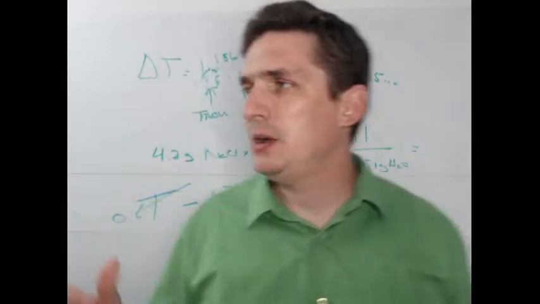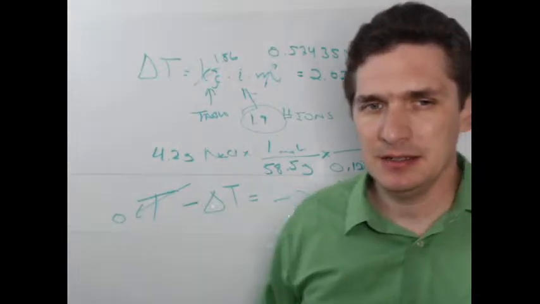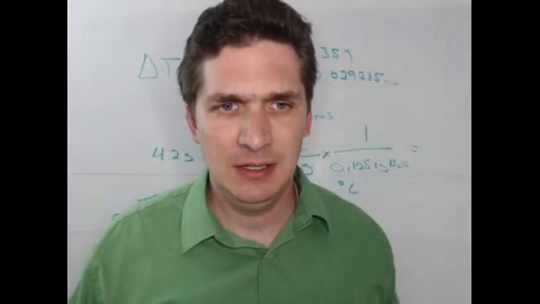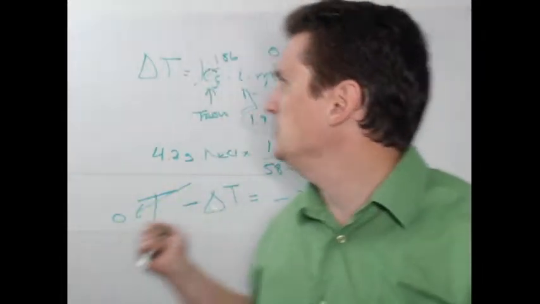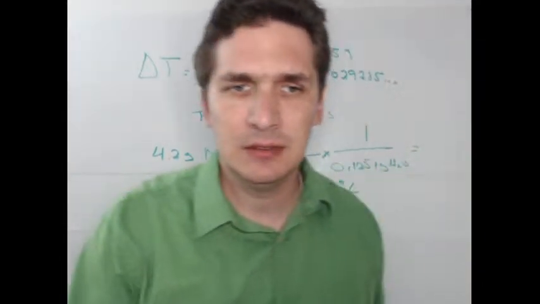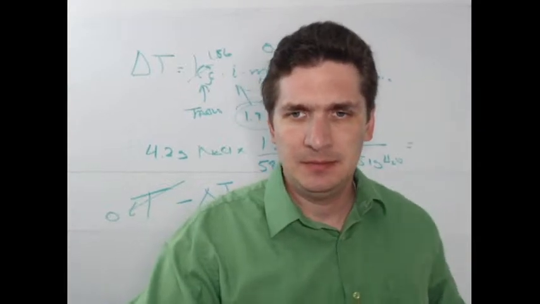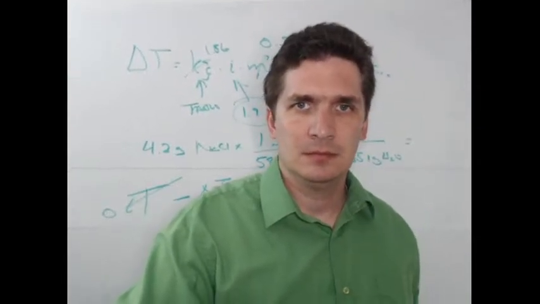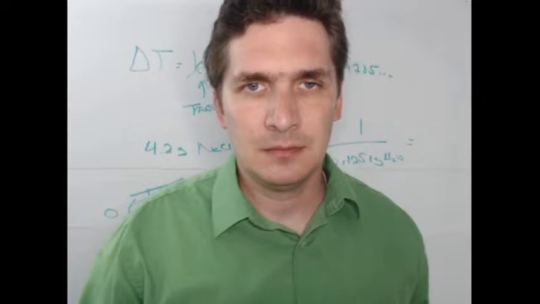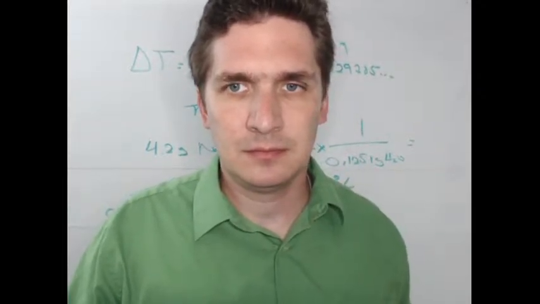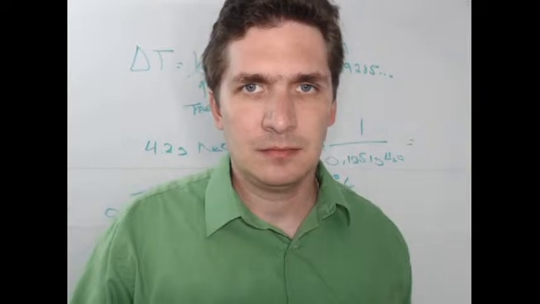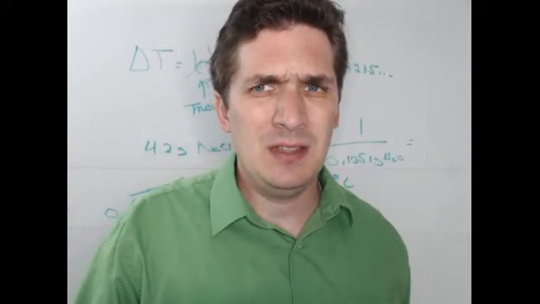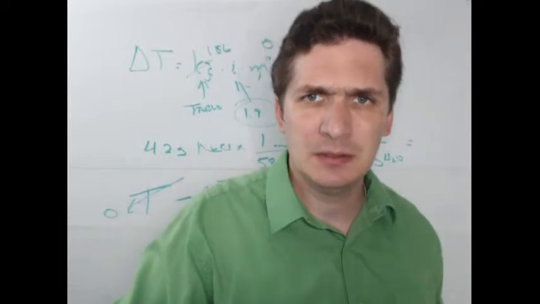Because again, the reason why we had the Van Hoff is to reflect these ions. We shouldn't be converting to ions. If we're doing that, then we don't need a Van Hoff factor. And even then, the Van Hoff factor is going to be more accurate.